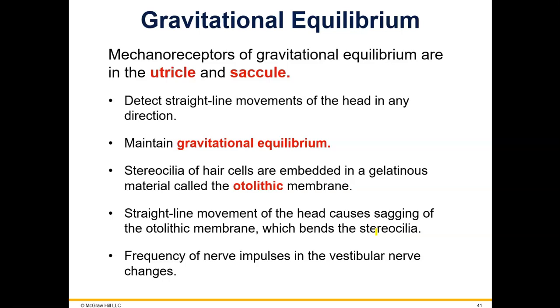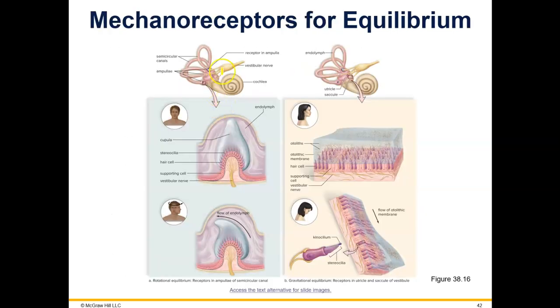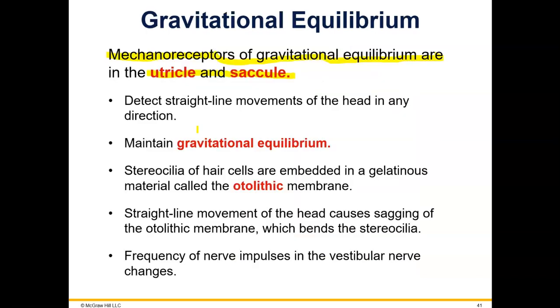All right. And then for gravitational equilibrium, we have mechanoreceptors for gravitational equilibrium in the utricle and the saccule. Your semicircular canals are here. The utricle and the saccule are there and there. So semicircular canals are for rotational equilibrium. The utricle and the saccule are for gravitational equilibrium.